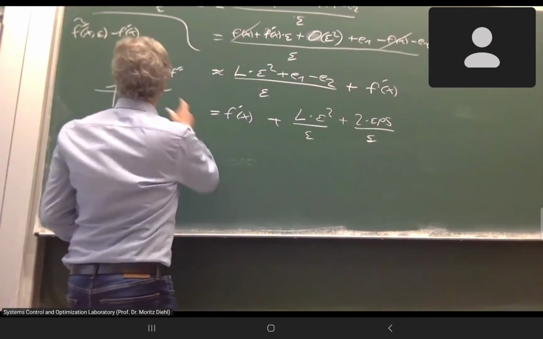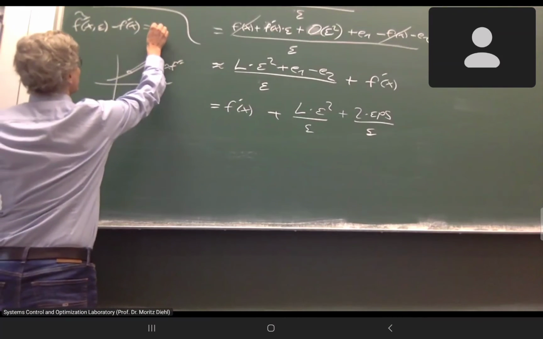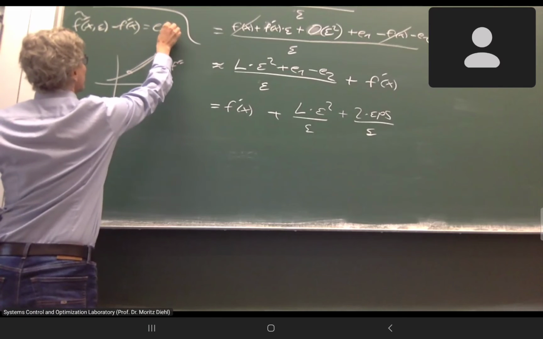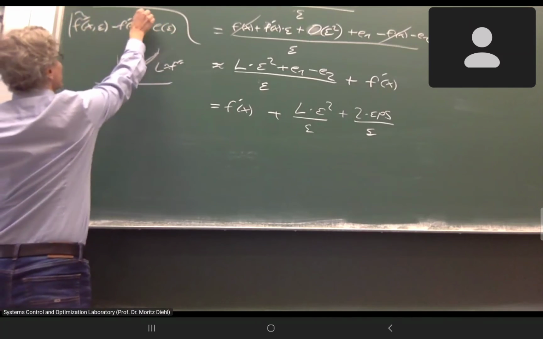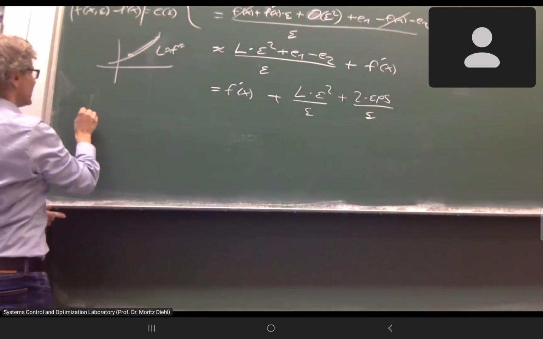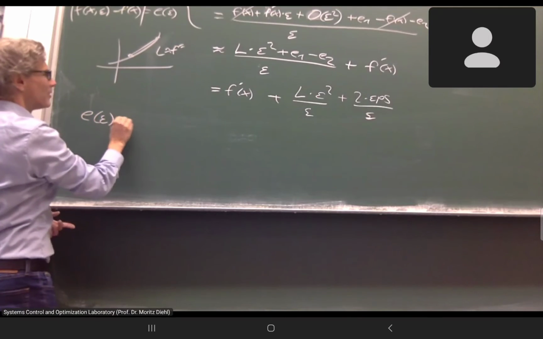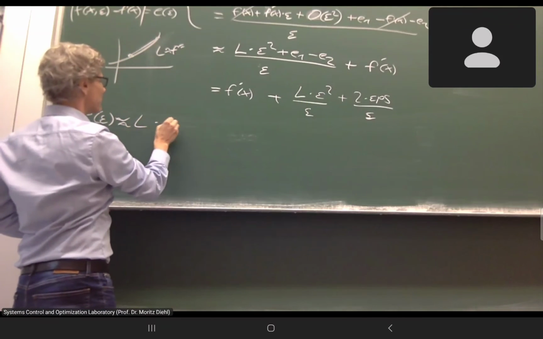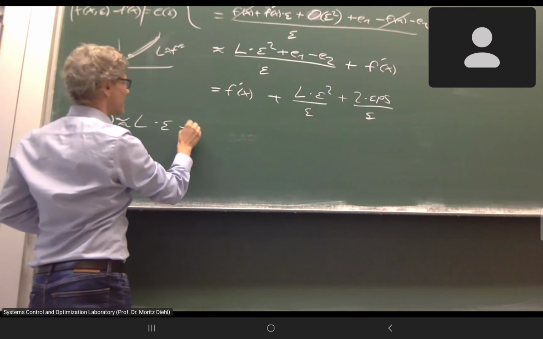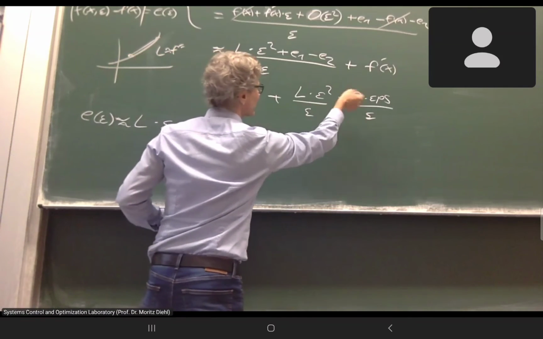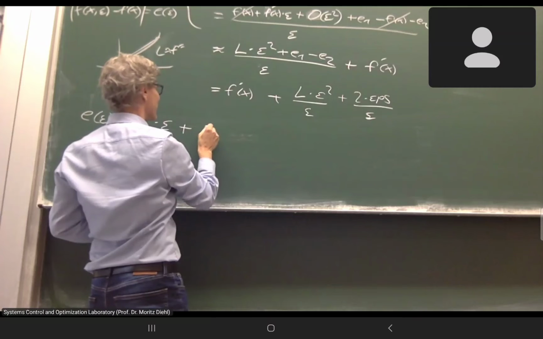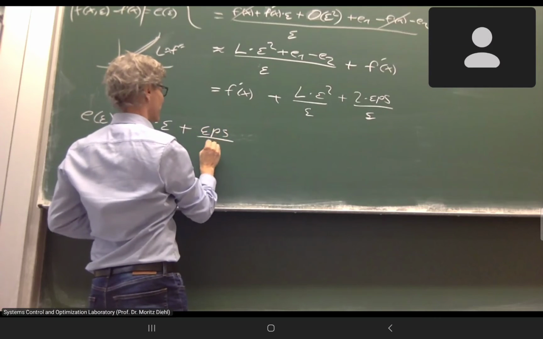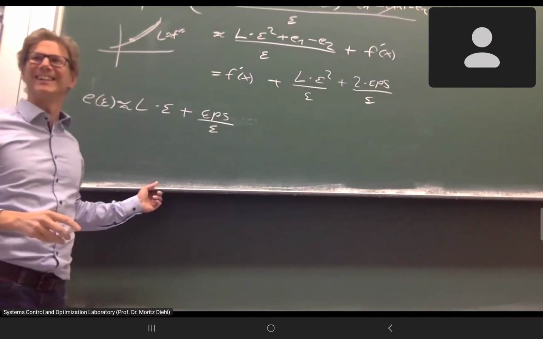And so now think of this error, something like E of epsilon, let's say, right? Say the size of that. So E of epsilon is now this remaining term, something that is L times epsilon plus, okay, this is a factor of 2, but I don't care, right? So it's combined constants.